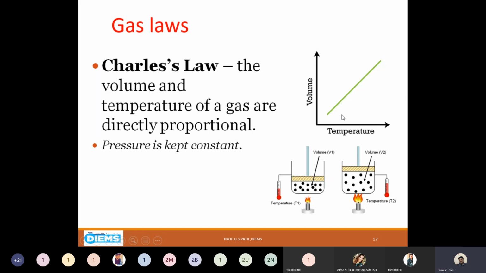If you take the slope at any two points, we get a constant slope. That is why the graph will be a straight inclined line having a fixed slope, given by volume by temperature. So this is Charles' law, and the most important example of Charles' law is the hot air balloon.